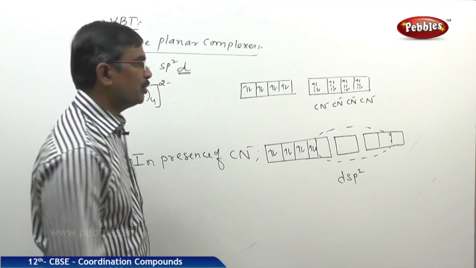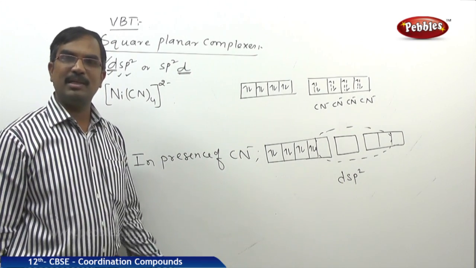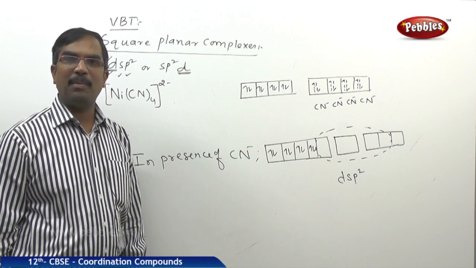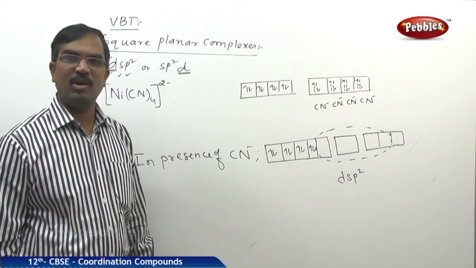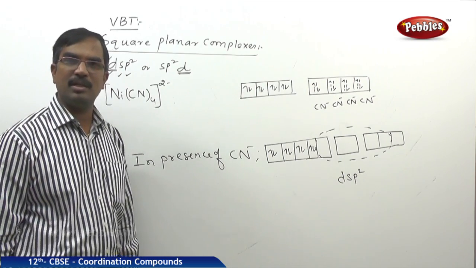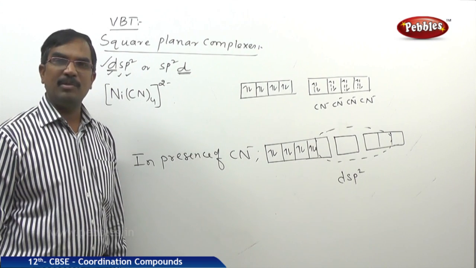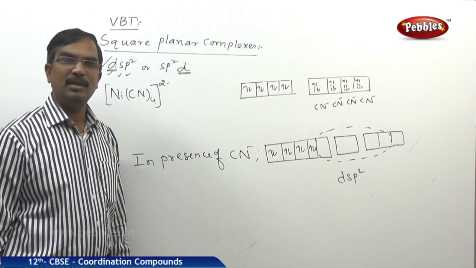Everyone is able to donate one pair, so automatically we get the corresponding complex, and the hybridization is dsp2. So it will be a square planar complex. Apart from this we can take various examples, and this is one suitable example to understand the formation of square planar complexes according to valence bond theory.